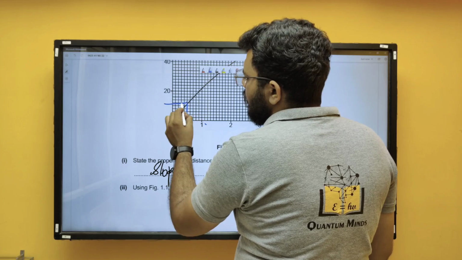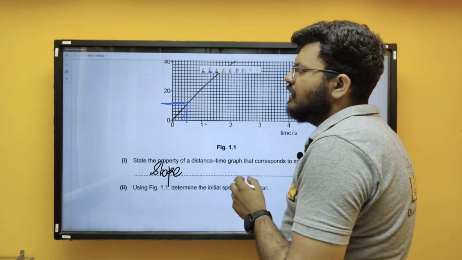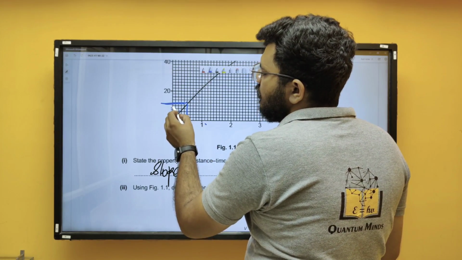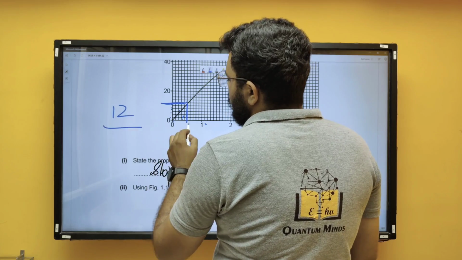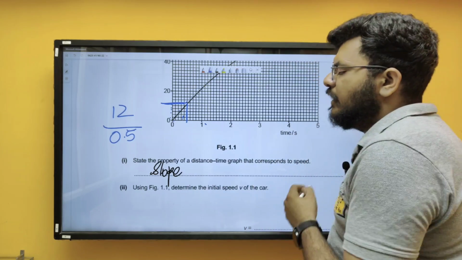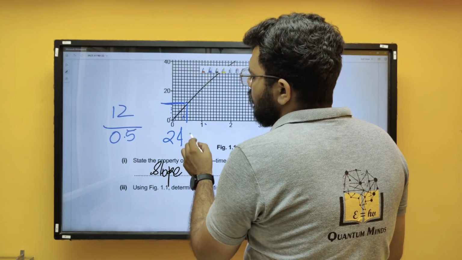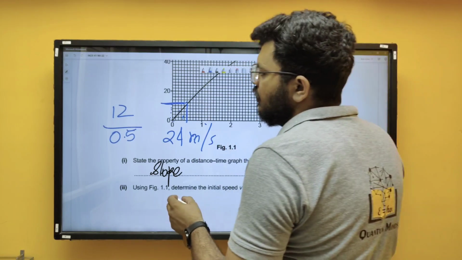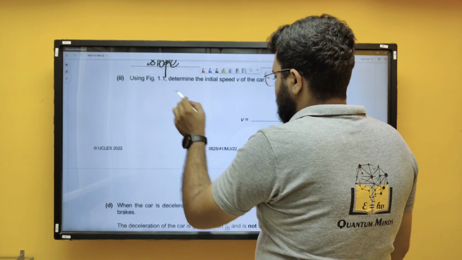At that point, this much is the distance. And here 10 divisions are 20, so that's 0.2 each: 2, 4, 6, 8, 10 and 12. So 12 upon 0.5 will give you 24 meters per second. Your answer is 24 meters per second.